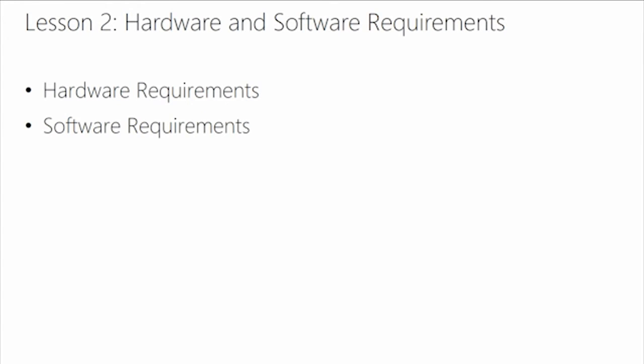So next we're going to talk about the hardware requirements and the software requirements of Exchange. So what do you need to run Exchange in your environment? In terms of the hardware requirements, we have to really, again, specify that hardware requirements are kind of tricky, because if you're a 5-user company, your hardware requirements are going to be a lot less than a company that's got thousands and thousands of users.